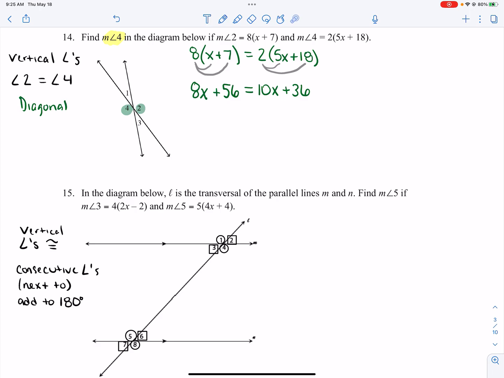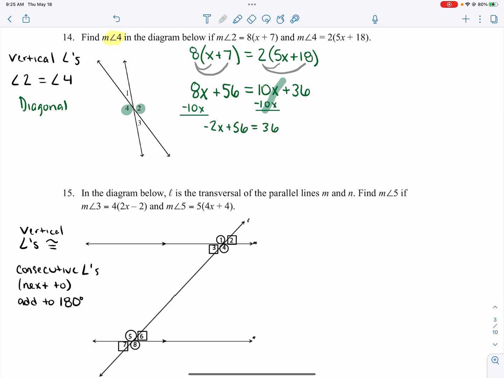I want to get all of my x's to the left side and all my numbers to the right side. So that means that I'm going to subtract 10x from both sides. So my 10x's over here on the right cancel out. And then I have negative 2x plus 56 equals 36. Now I want to get all my non-x's over here to the right.